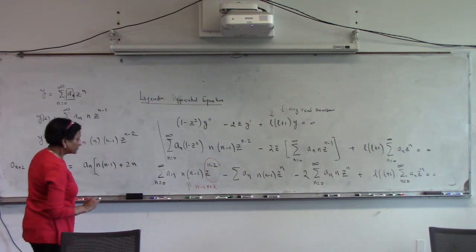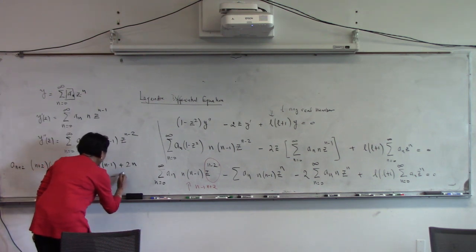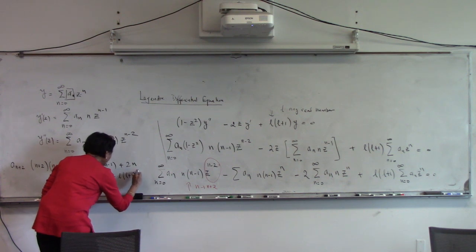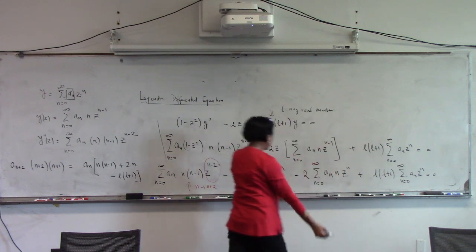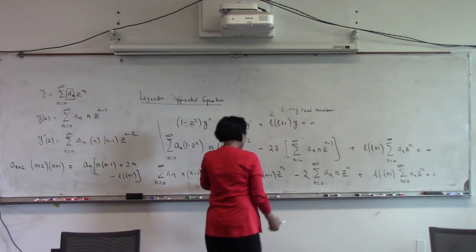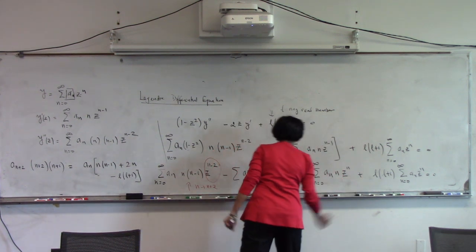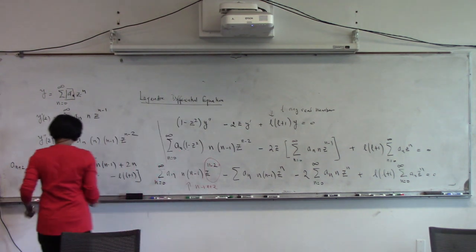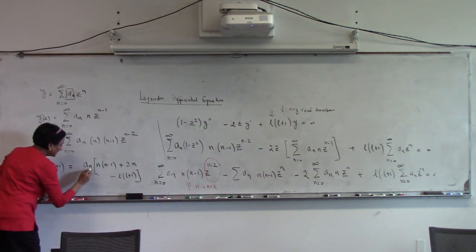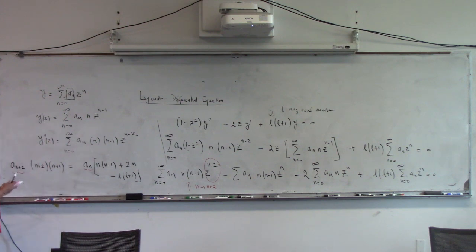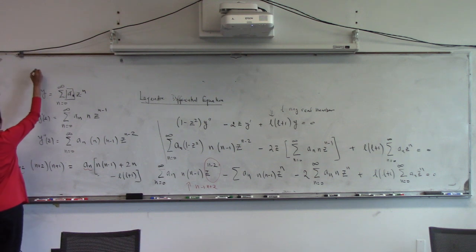And then the last one will be negative L times L plus 1. So I'm transporting all this to the right hand side, so that will become plus, that will become plus, and that will become negative. So this will give me a relationship between a n plus 2 and a n, and that will give me a recursion relationship. I'm going to write it down here.